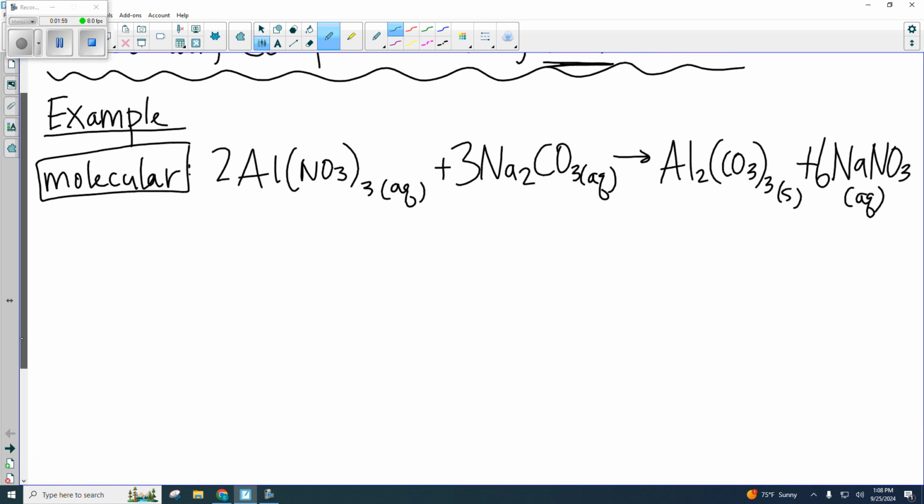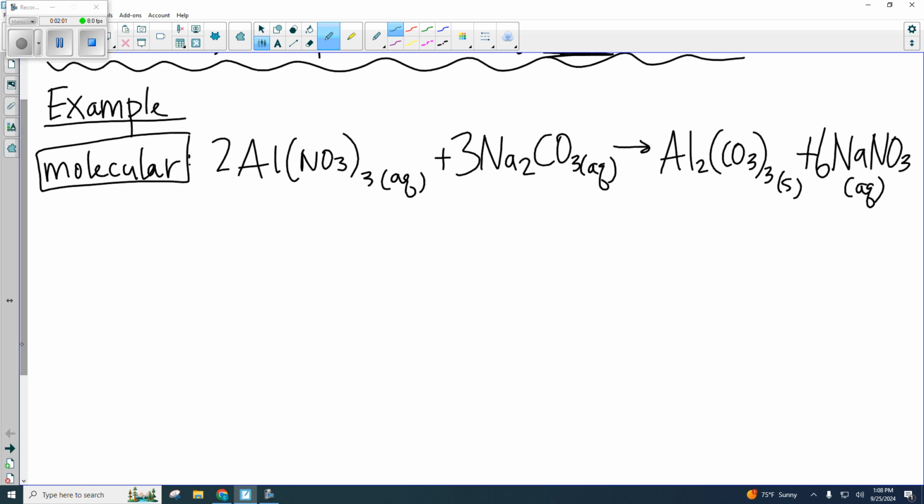Then from there, if you recall from last year, for our complete ionic, you are going to separate all compounds into their ions for anything that's aqueous, and obviously a precipitate isn't ionizing, it's staying together as a solid, so I'm going to keep it that way. So I'm going to distribute the moles through each of these compounds to get the number of ions that are reacting.